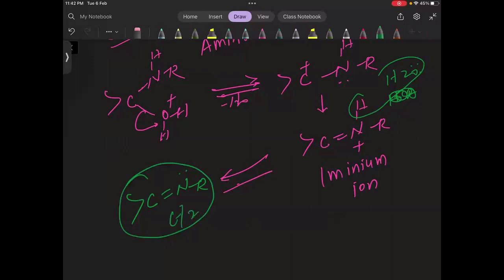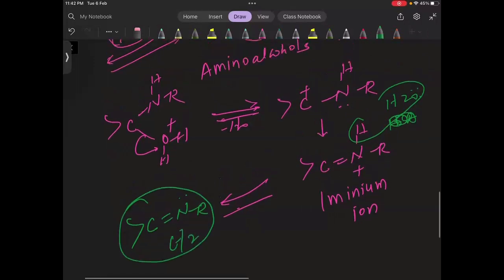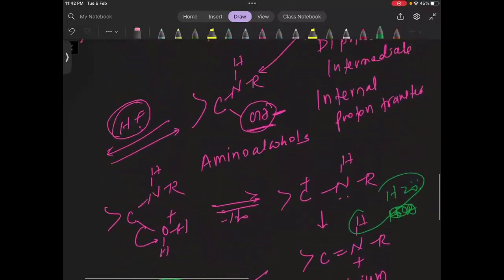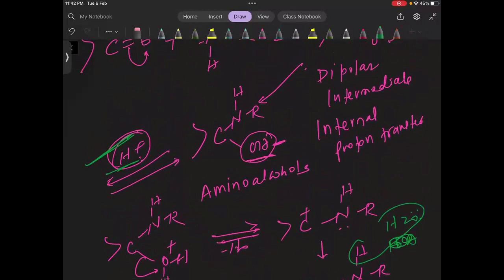Earlier I said, through the mechanism, if I take an excess of H plus ions, then what happens, students? As you know, ammonia is a base and ammonia derivatives are also bases. If we take the acid in excess, the ammonia or its derivative will combine with the acid and form the ammonium salt. So the reaction will not occur, first of all.